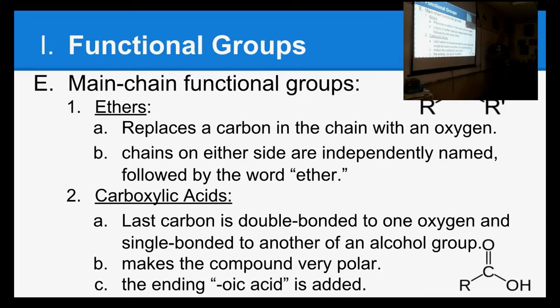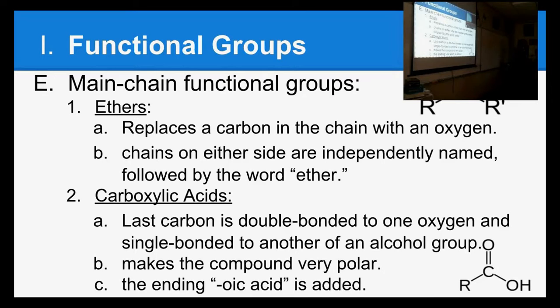A carboxylic acid is a carbon double bonded to an oxygen, and then an alcohol at the end of the chain. So it's terminal, oxygen, double bond, and then an alcohol. Okay, so this is like an aldehyde plus an alcohol, and we call it a carboxylic acid.